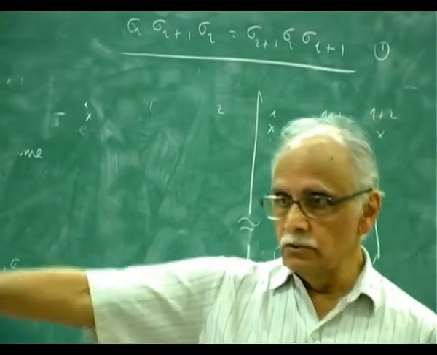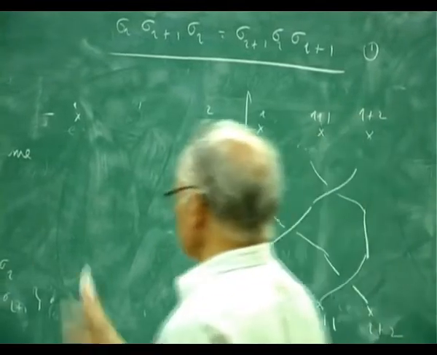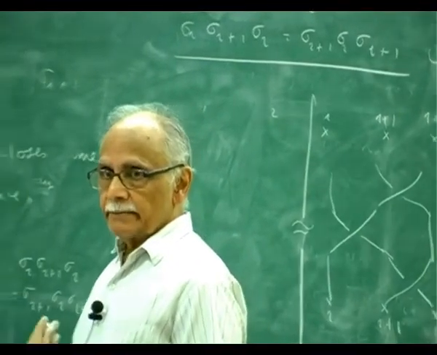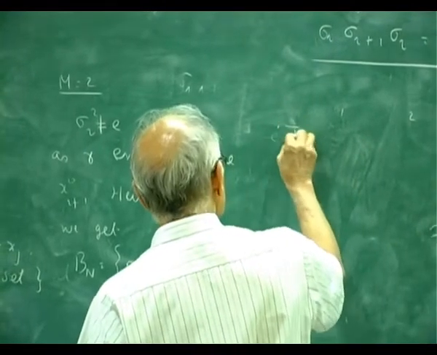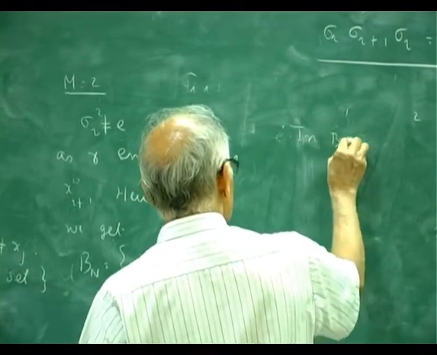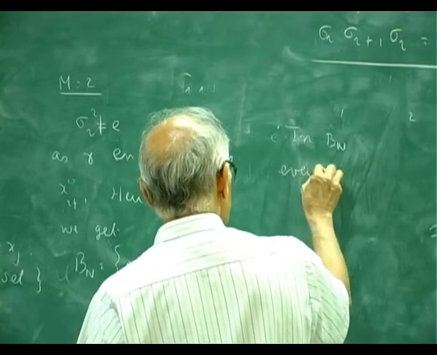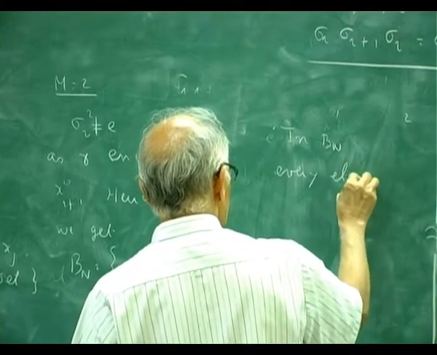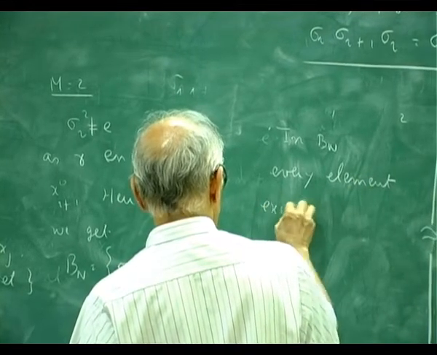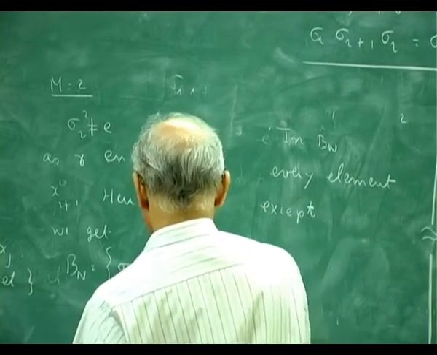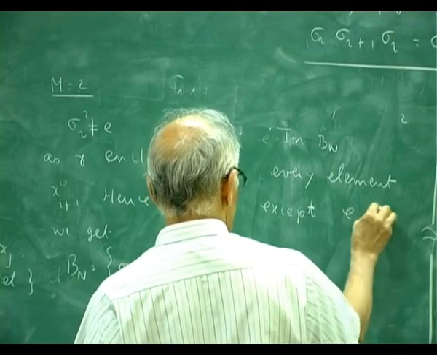If you drop that, there is only one relation you are dropping. But this group Bn is such that every element, except identity, is of infinite order.